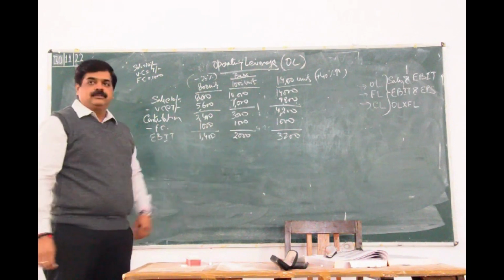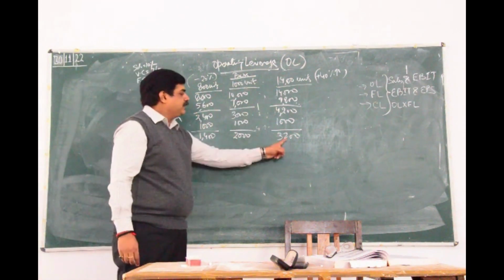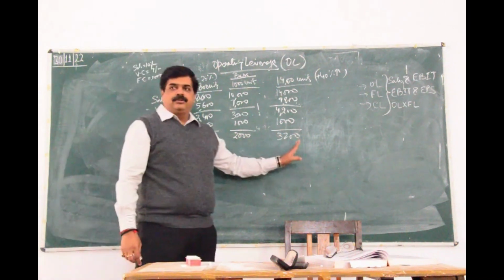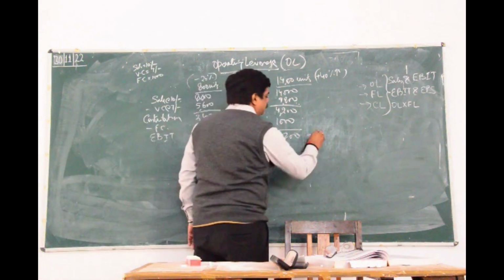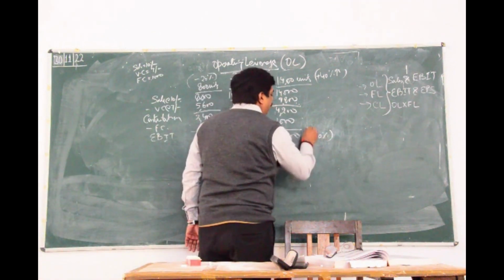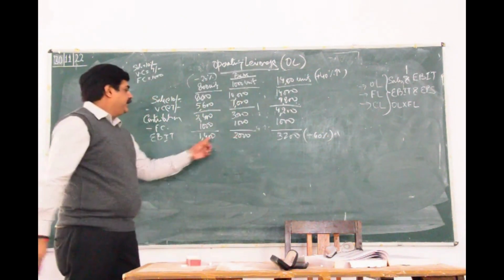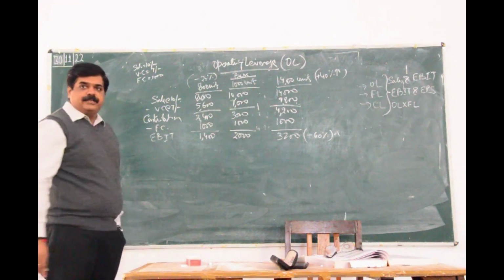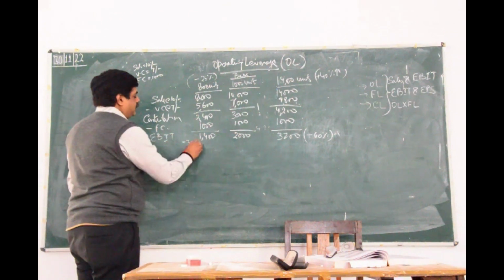You see about the EBIT, an increase from 2,000 to 3,200, 60%, more than proportionate. That means increase. And decrease how much? Approximately 30%.